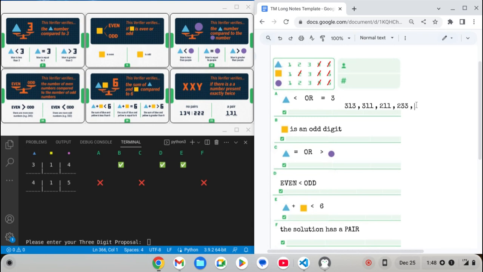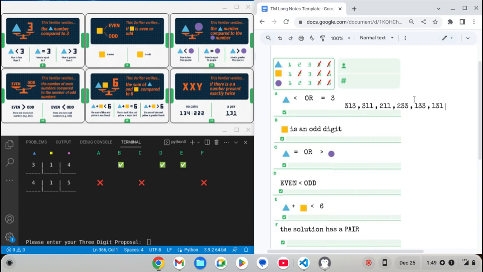Now, what about if triangle were 1? So it could be, I guess, 1, 3, 3. It could be 1, 3, 1. Or it could be, now the following, let's see, 1 is not paired up.